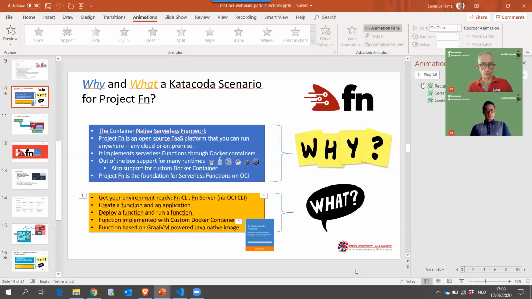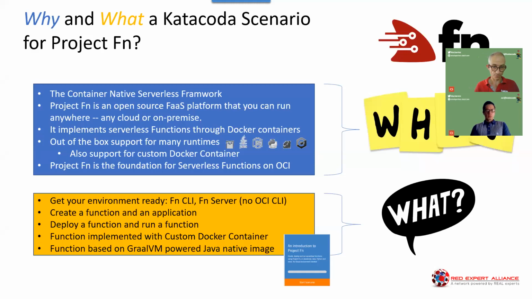So this is a good time for me to return to the presentation and to explain a little bit more about the scenario. In the scenario, you will create a function and an application, and a function needs to be part of an application. An application is a way of clustering the functions. Then we will deploy the function and run it.